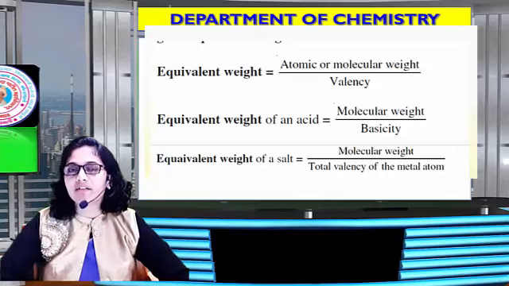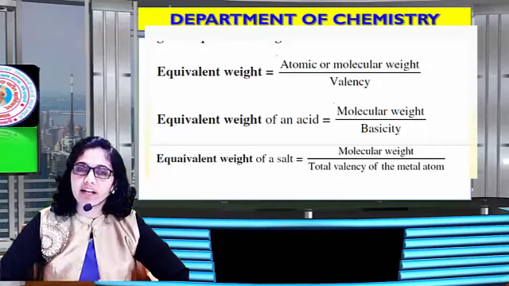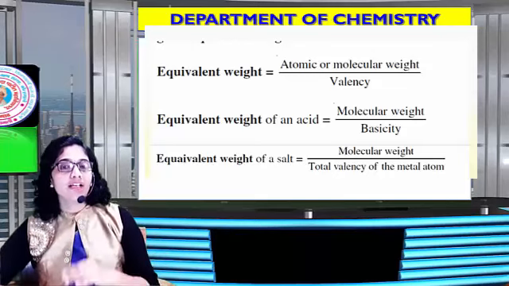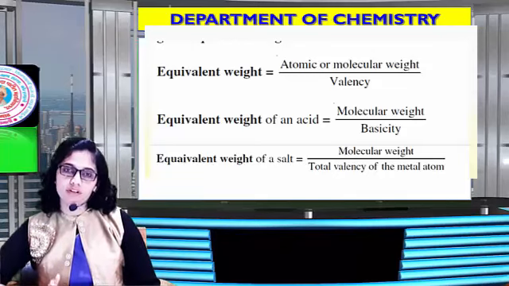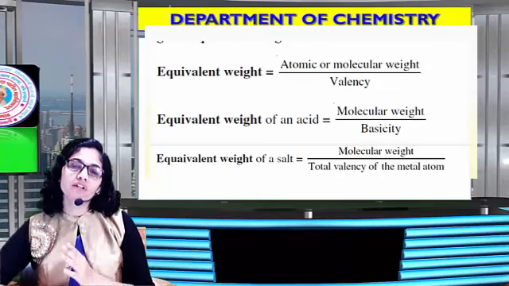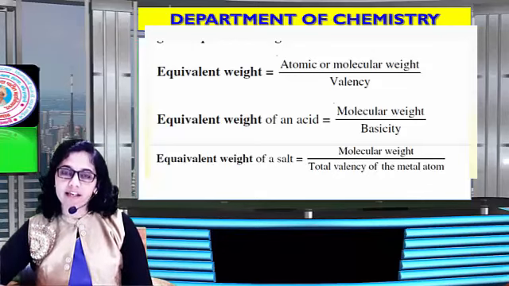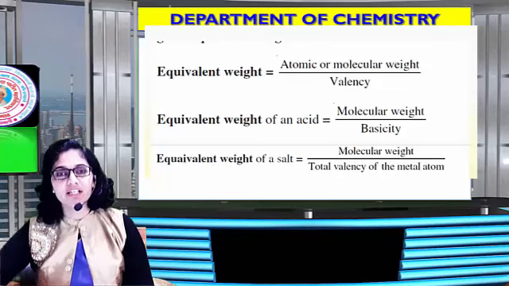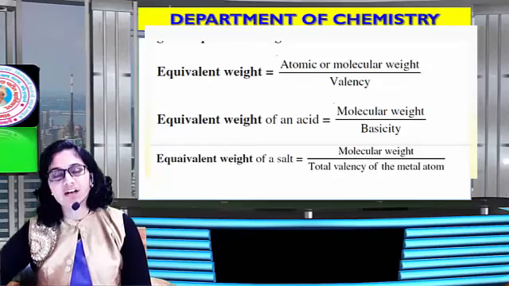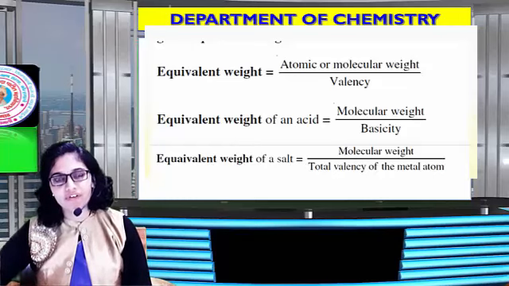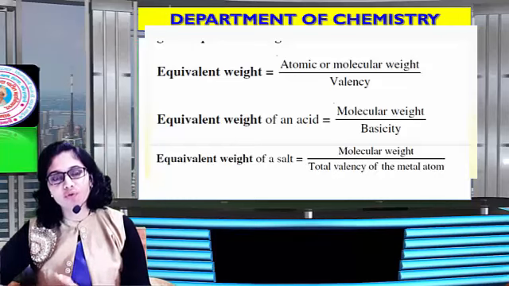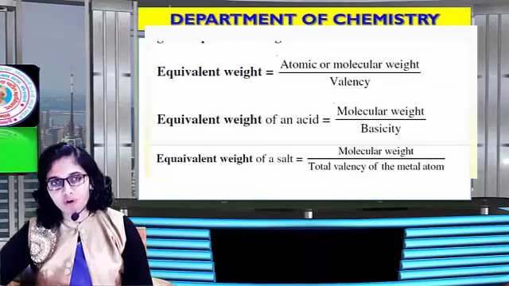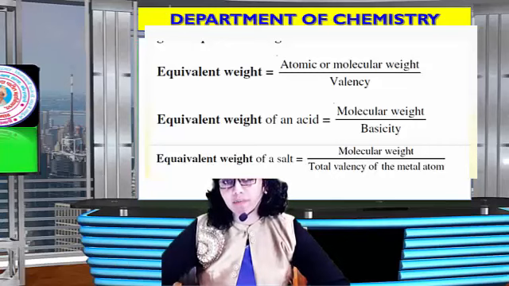Or in case of a salt, for example NaCl, a salt is neutral, and as the compound varies, the valency of the salt also varies. In case of NaCl, the valency of Na is +1, or in case of Na2CO3, the valency of Na is +2. So for the preparation of normal solutions of salt, we take the ratio of molecular weight divided by valency.